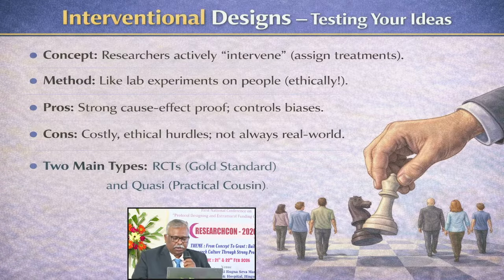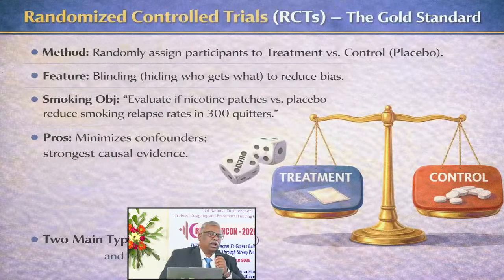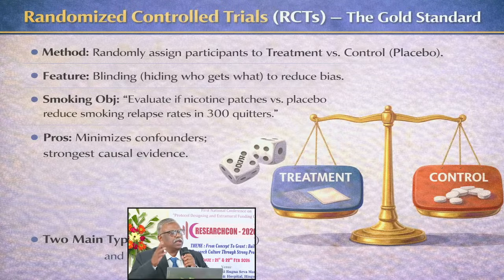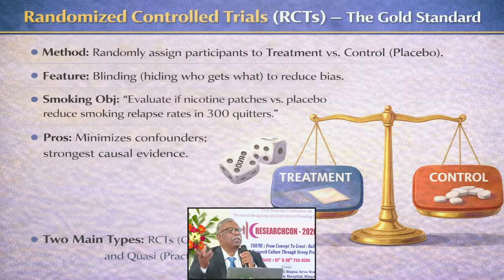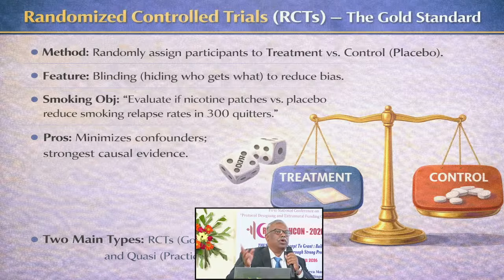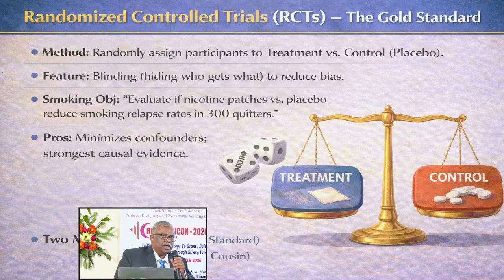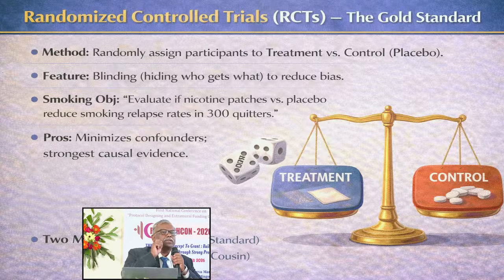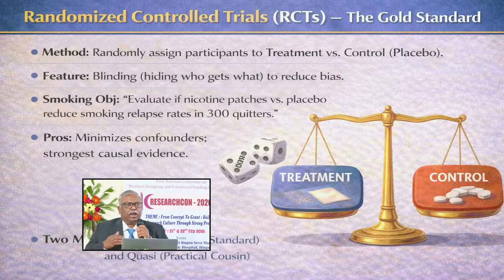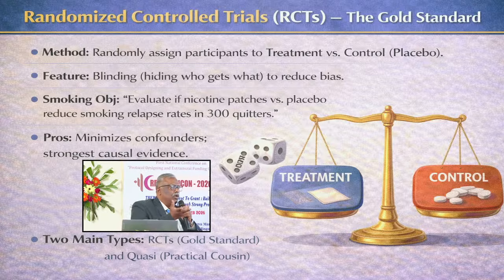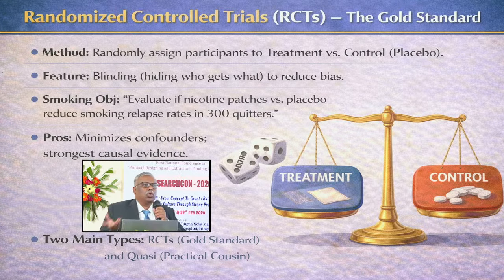Randomization is the key. There are types of randomization: block randomization and simple randomization. I'm not going into details about that, but whenever there is randomization, it is called a randomized control trial. So we randomly assign, because the patient doesn't know whether they are in the treatment group or in the control group.